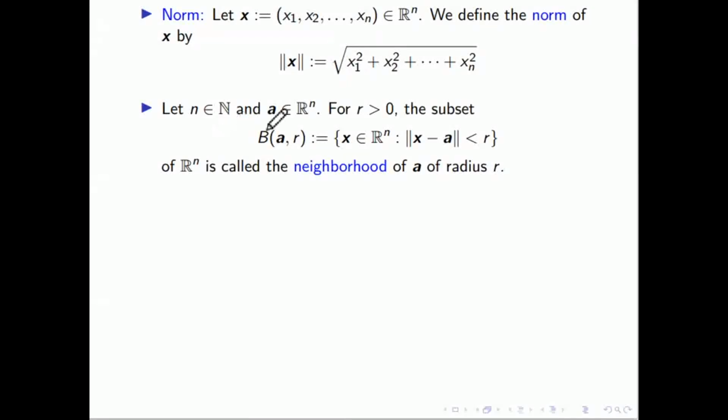If n belongs to the natural numbers and a is an element in Rn, then the neighborhood of this point with radius r looks like this. The notation is B(a, r). How will you read it? It is the ball with center a and radius r. And what are the elements? Those x with norm of x minus a less than r.